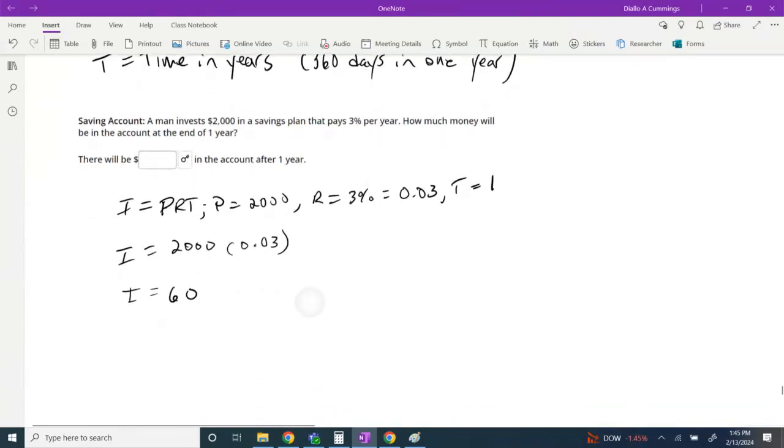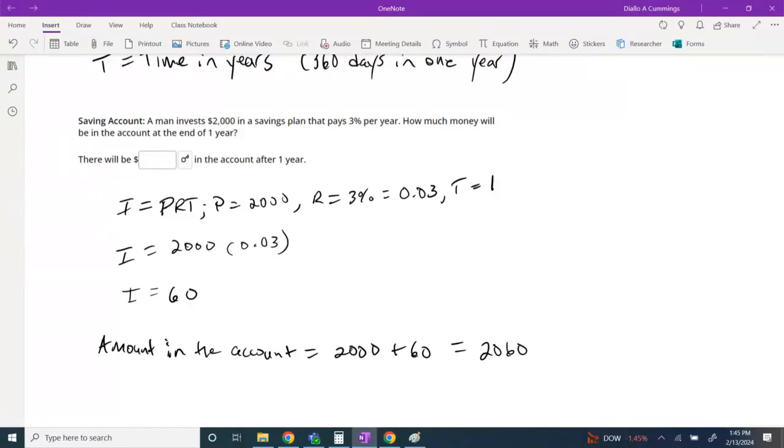So the amount in the account, that's going to be equal to the $2,000 that was invested plus the $60 in interest. So after 1 year's period of time, there should be $2,060 in that account.